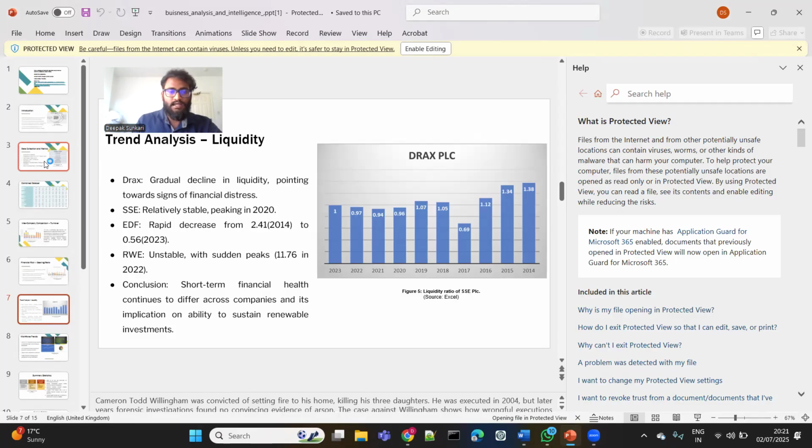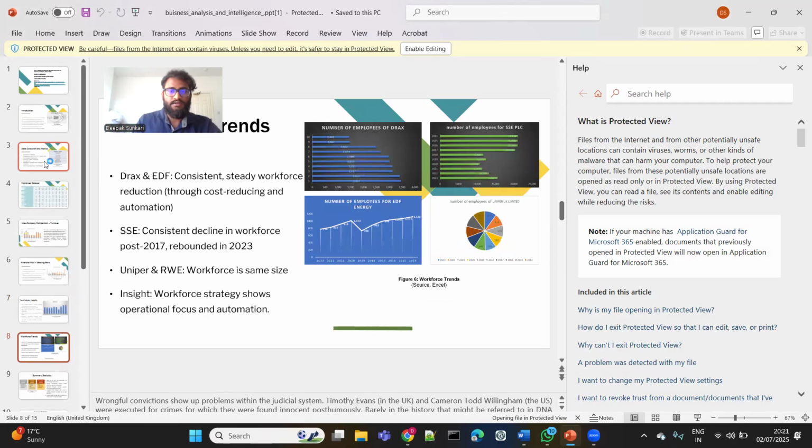It has been seen that the liquidity ratio decreased between 2014, at 1.38, and 2023, at 1.00, in Drax PLC. Following that, the ratio has been relatively steady, but it plunged in 2017, which means past financial pressures or temporary pressures on liabilities existed. Next one.